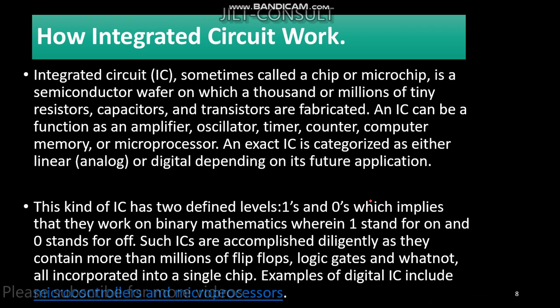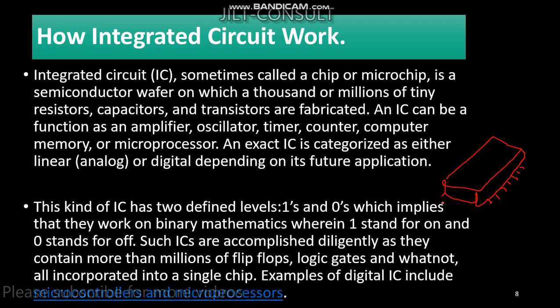An integrated circuit, or IC, sometimes called a chip or microchip, is a semiconductor wafer on which thousands to millions of tiny resistors, capacitors, and transistors are fabricated. Good. So not to waste your time, we're talking about this IC. It's a semiconductor device in which thousands, even millions, of transistors, capacitors, and resistors are built, and it is a very, very powerful device.